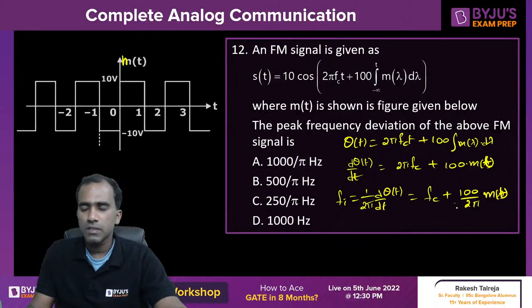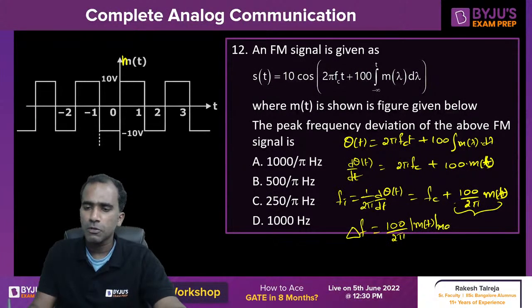Now look at this one. The deviation is because of this part, and the maximum frequency deviation is equal to the maximum magnitude possible in this part. What is the maximum magnitude possible? It is whatever the maximum magnitude of m of t is. The amplitudes possible for m of t are 10 as the highest and -5 as the lowest.